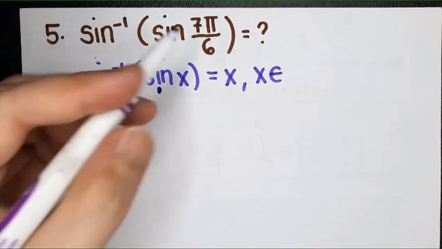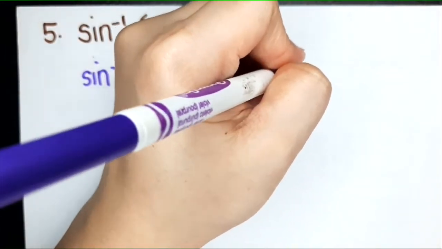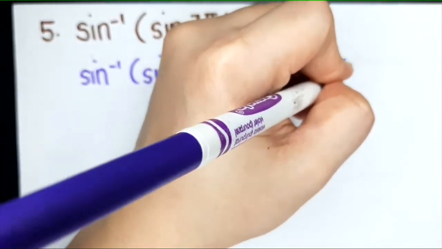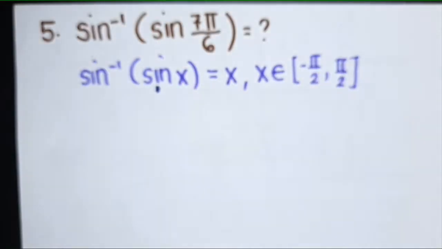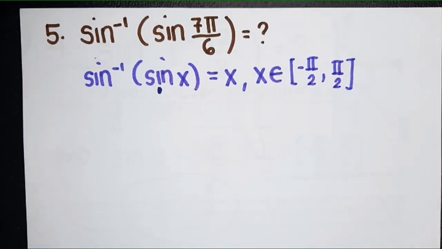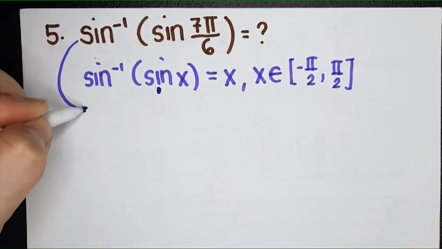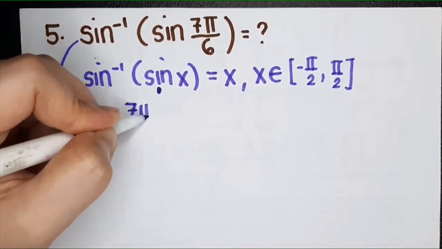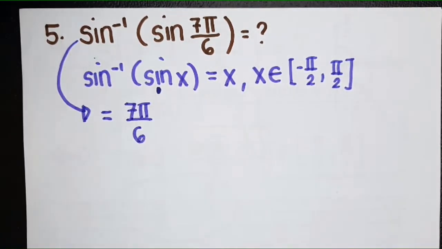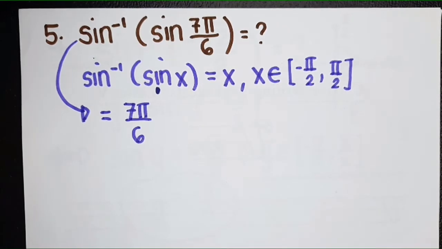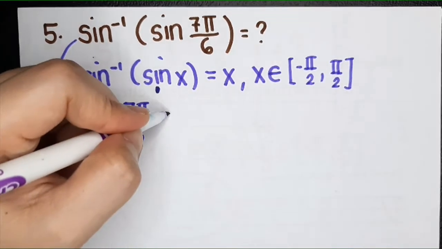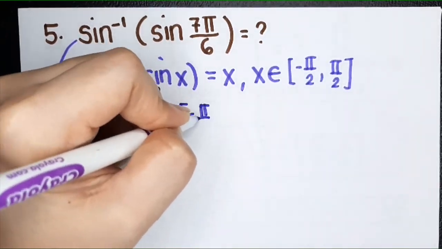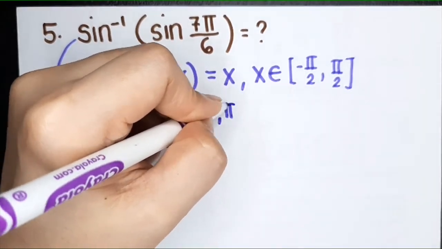Restricted domain of sine is negative pi over 2 to pi over 2. Yeah? Okay, so ang sagot kaya dito is 7 pi over 6. Yan kaya yung sagot dyan? Or parang ito ba ay element ng negative pi over 2 to pi over 2?